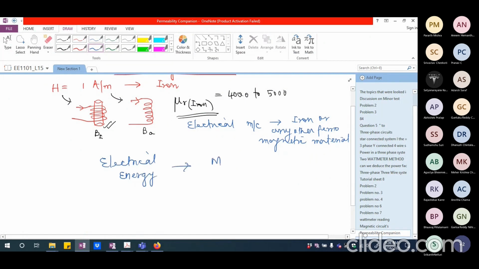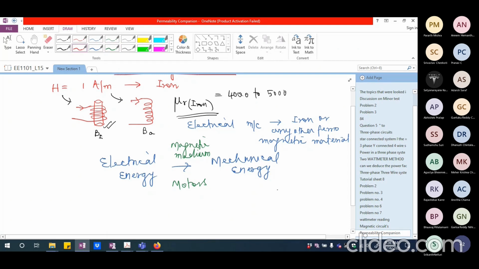So that is generally done in motors. Okay, and this is done through magnetic medium. So this magnetic medium essentially is allowing you to convert the electrical energy into mechanical energy.